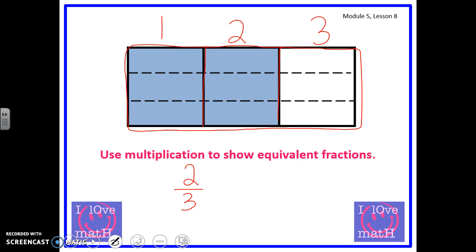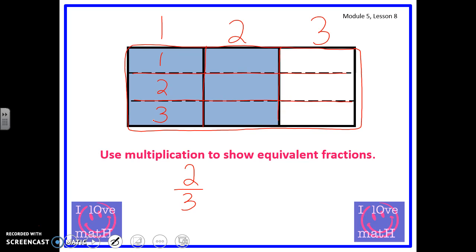So then we can use multiplication to find an equivalent fraction. Now this one, they divided it up so that now each larger compartment is divided into three separate, smaller parts. What is that telling us to do?